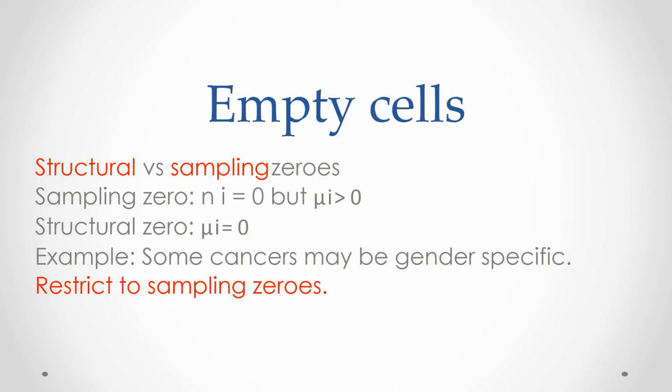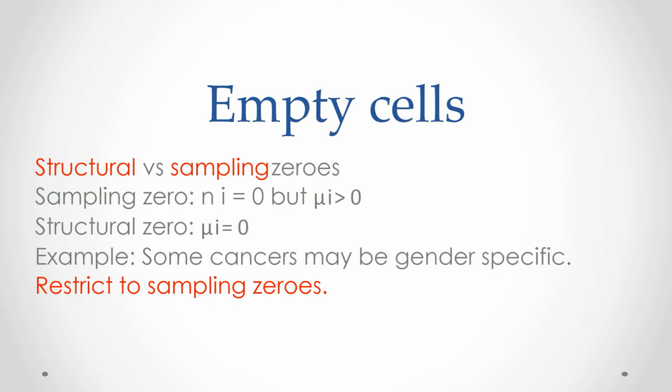A different kind of zero occurs if the corresponding mu_i is equal to 0, and this is called a structural zero. This can occur in some situations where, by the nature of the data, certain cells are bound to have structurally zero counts. Say, for example, we are looking at a cross classification of cancer patients by their gender, race, and type of cancer.